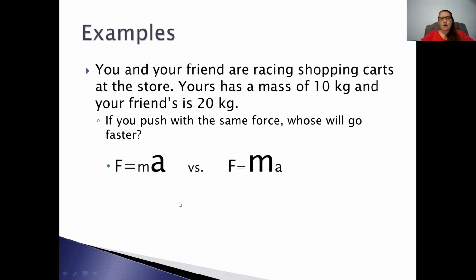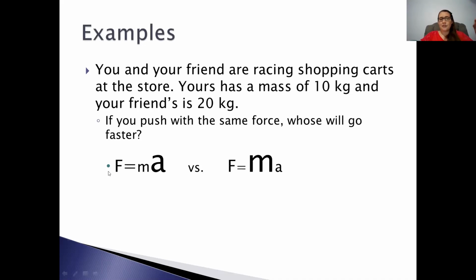Well, I am just going to write it in terms of this simplified equation, and I'm representing the magnitudes of these numbers by relative sizes. If you are pushing with the same force, the force is the same size, and one of the carts has a smaller mass than the other one.